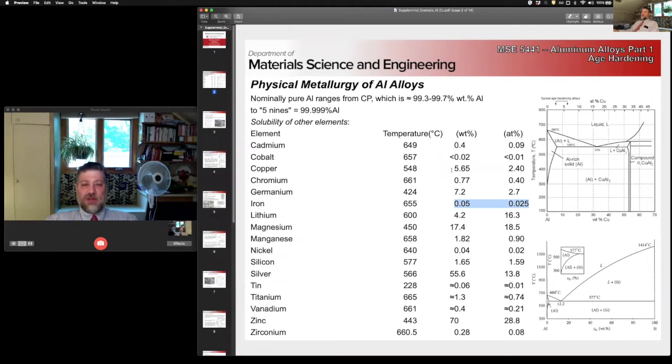But ones with these moderate solubilities, copper, magnesium, lithium, right? These are elements that we end up putting in because they form precipitates that are very useful for strengthening, right?